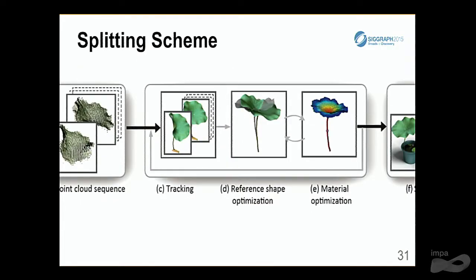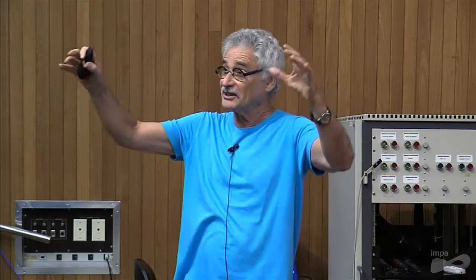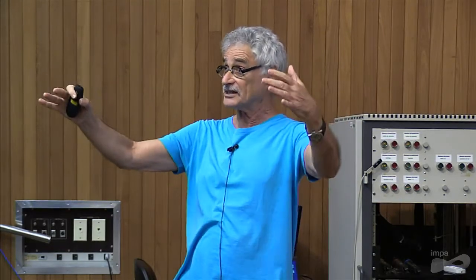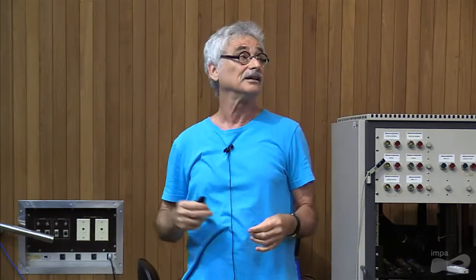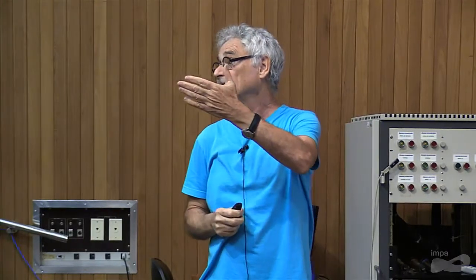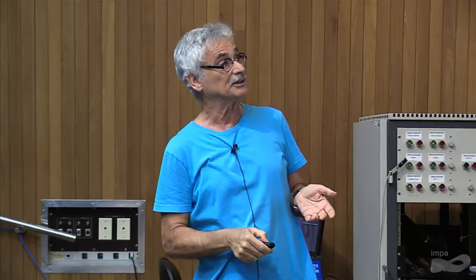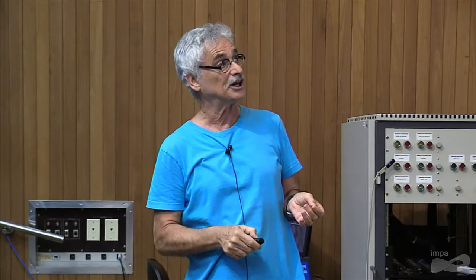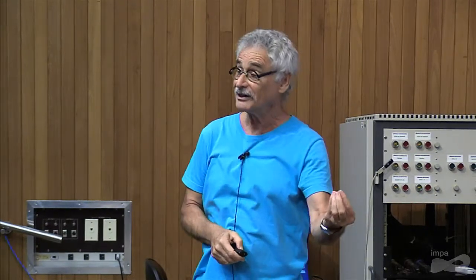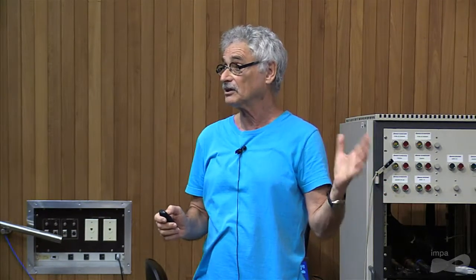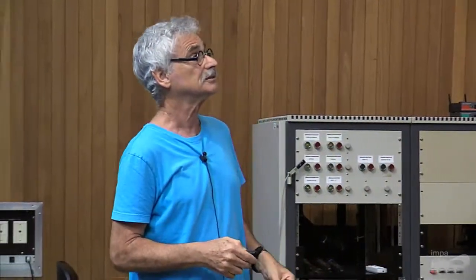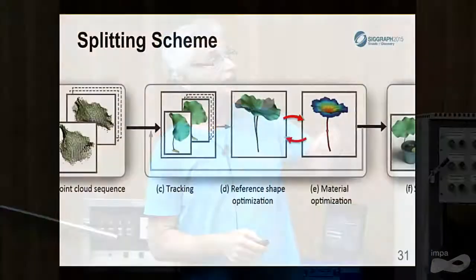And the saving grace here is that the reference shape is relatively easy. If I know the rest of them, then for the reference shape, all I have to do is adjust. I have a static shape, and I need to adjust it a little bit. That's all. That can be done independent of time. Whereas the material optimization parameters are much harder, but they are fewer. That's the saving grace here. Most of the variables are easy variables. The hard ones are fewer, and so it's natural.